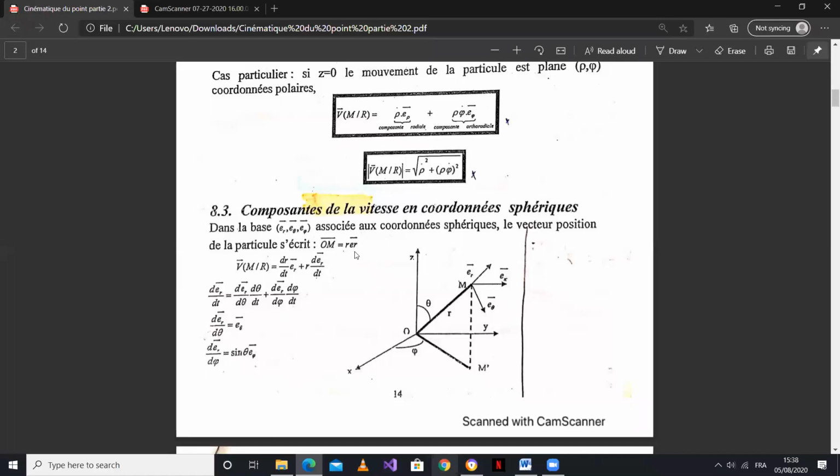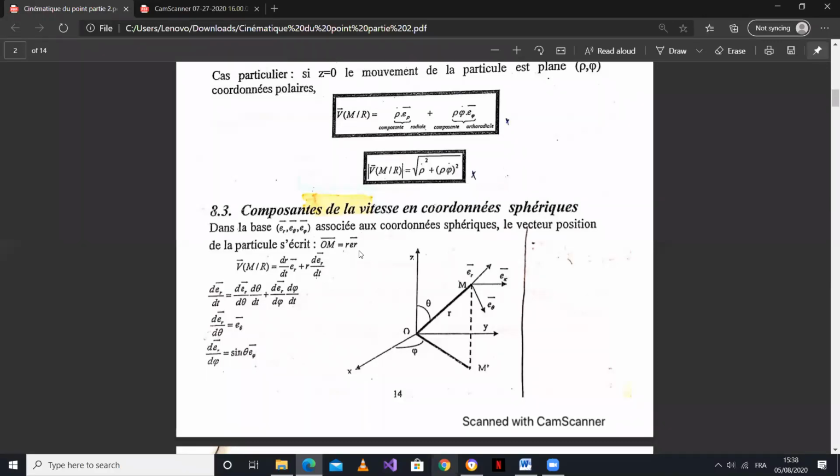And as usual, for us to calculate the velocity, we are still deriving the position vector, OM, because the position vector gives us the displacement or the distance. And we know that velocity is the rate of change of displacement, okay? That's why we will be deriving the displacement, which is OM, to get our velocity.